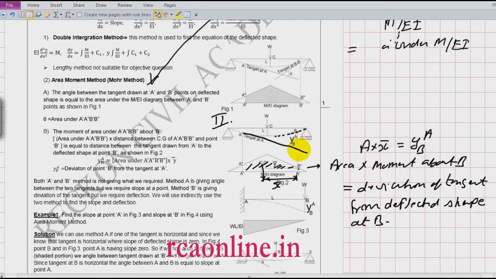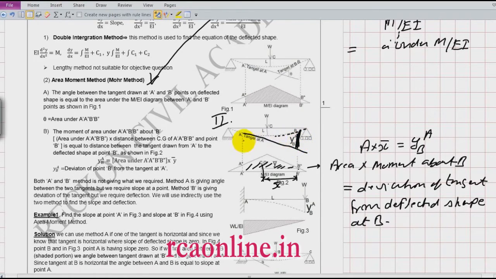YAB indicates the distance of this tangent from the deflected shape. Okay, I again repeat, what YAB indicate? YAB indicate the deviation of tangent drawn at A from the deflected shape at B. So I am getting this as YAB.